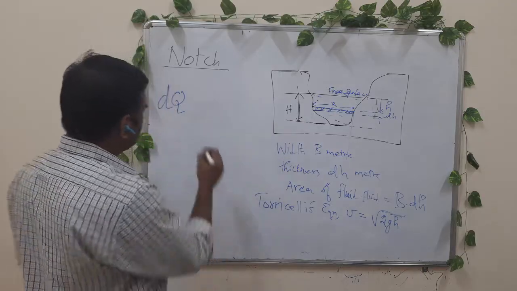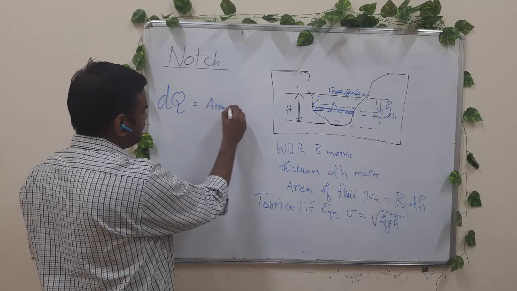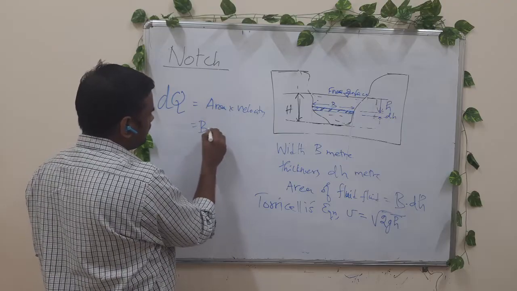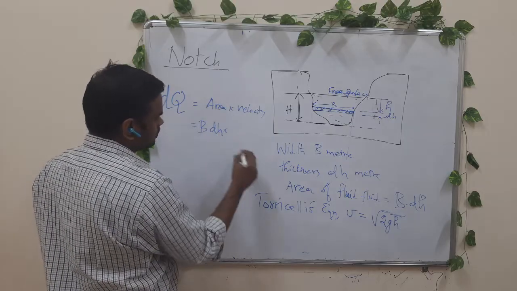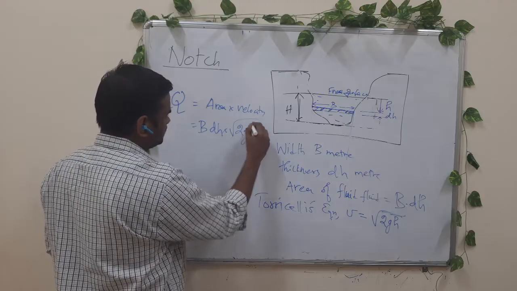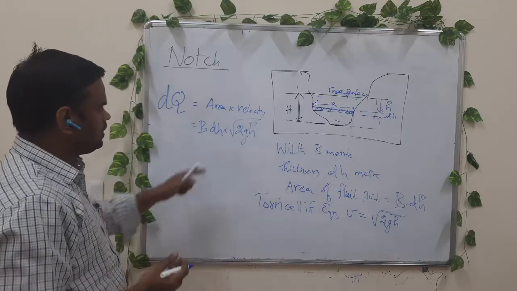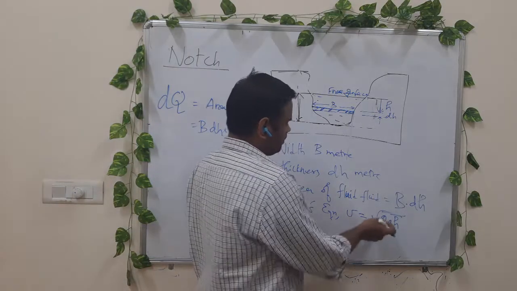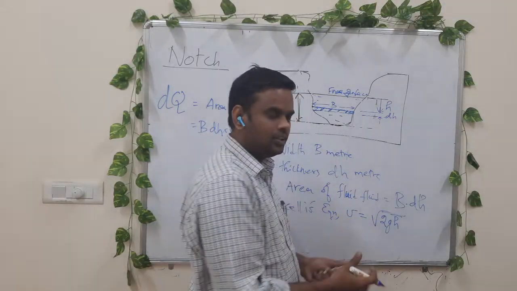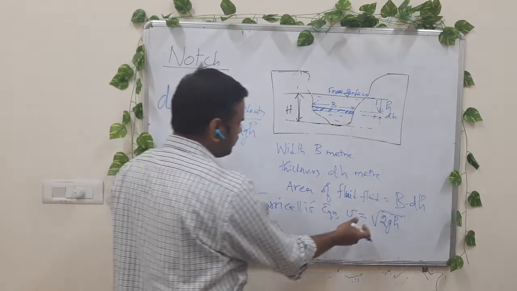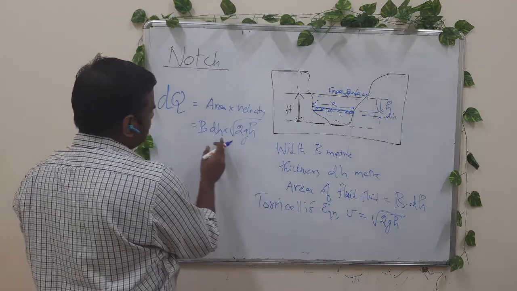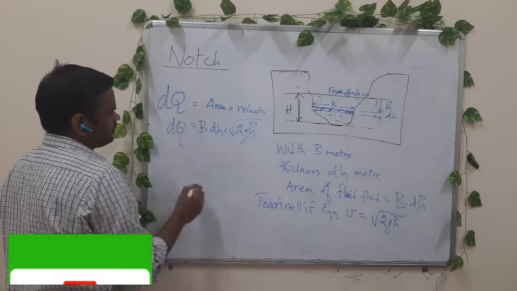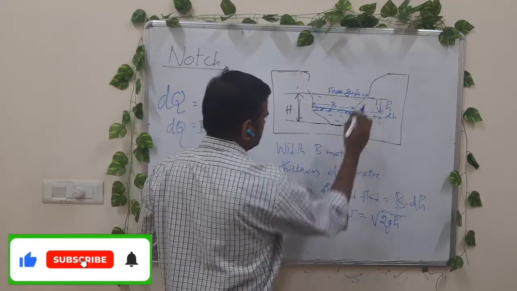Discharge dq is given by area into velocity, so it is b into dh into square root of 2gh. For any flow measuring device, we can establish that at any point the velocity is square root of 2gh. So we have an expression for dq through this strip.